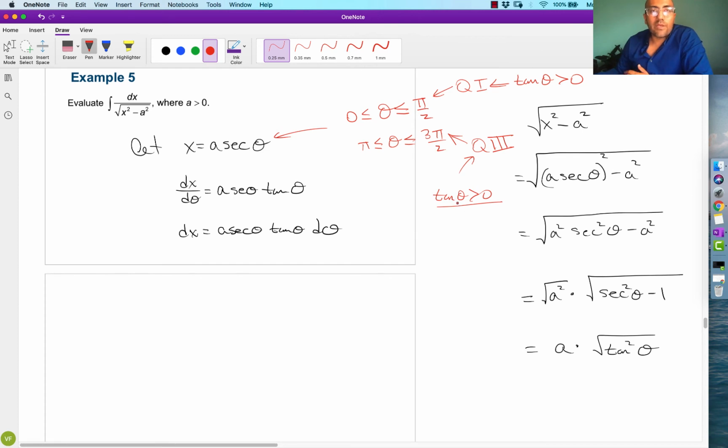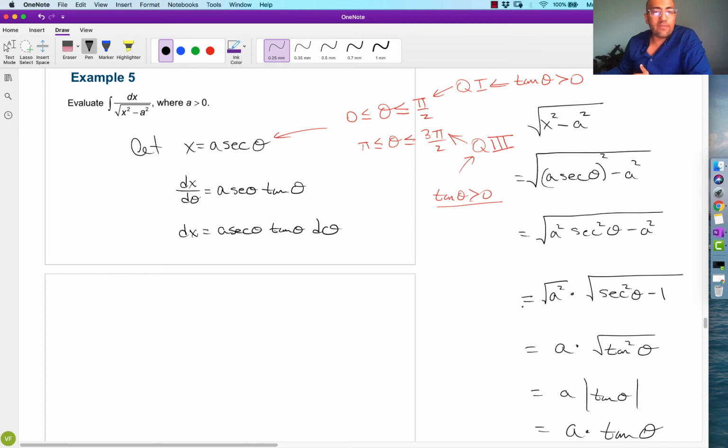And in quadrant 3, both the cosine and the sine are negative, so negative over negative makes a positive. That guarantees that this is going to simplify into the absolute value of tangent of theta, but then the absolute values are not necessary, since for these values of theta this part is always positive, so we can just say that it's equal to tangent of theta.